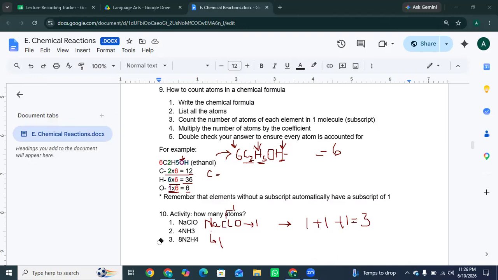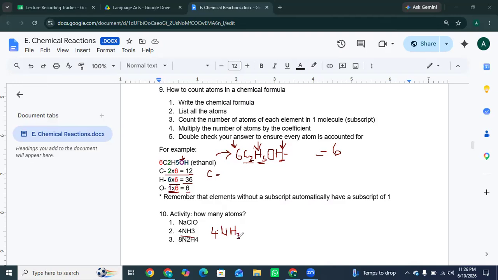So the next one is ammonia. Okay, the correct way to write it is 4NH3, and 3 is small.